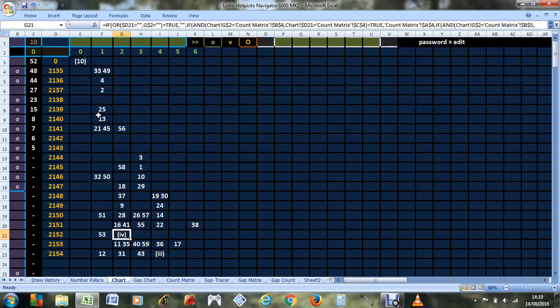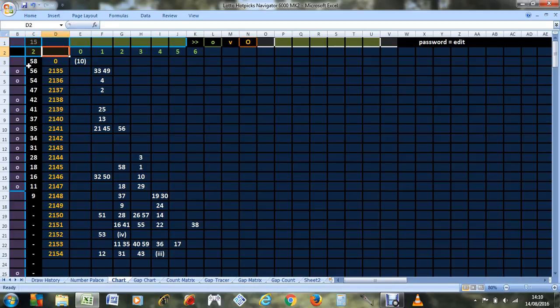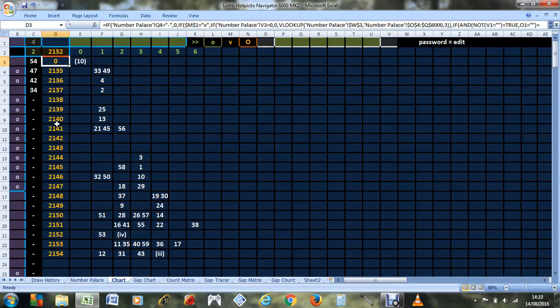So if you want to know what numbers are in that square, just type the coordinates in and get a list on here. So square number 2, frequency number 2, draw number 2, 1, 5, 10. So that's the 4 numbers that are in that square.